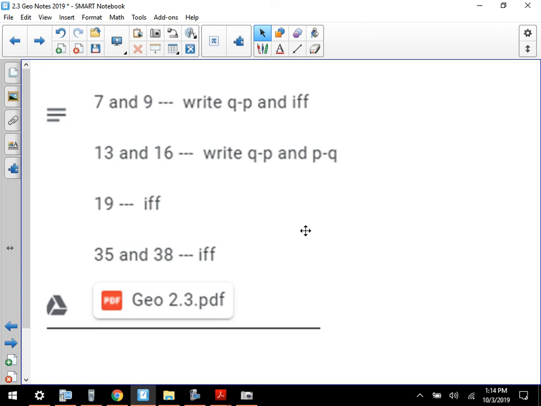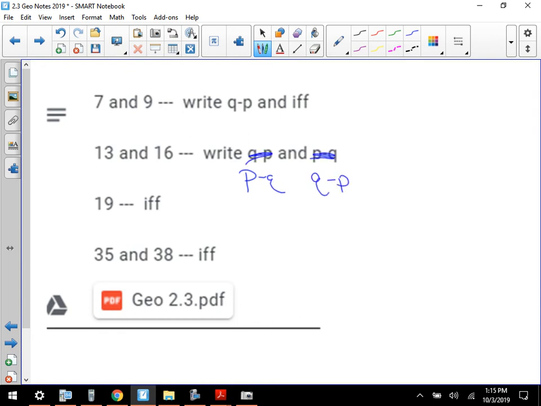You need to write it in terms of the Q to P, because they're giving you the P to Q. So you're going to write the Q to P, and if both of those wind up being true, rewrite it as an if and only if. In 13 and 16, you're starting with the if and only if. Write the P to Q and Q to P. You're writing out the other two. Actually, I should have had that as P to Q first. Sorry, I meant to do it that way first.